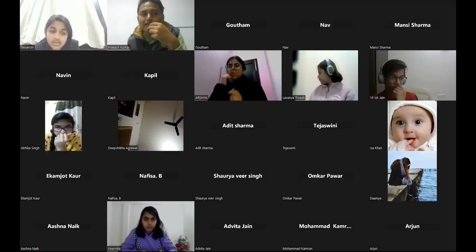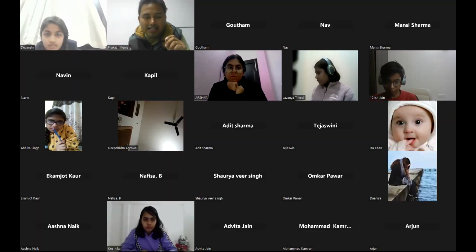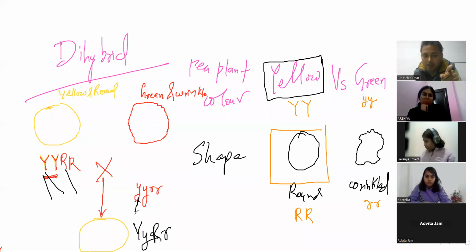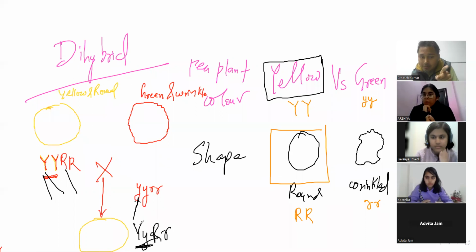Now one thing you have noticed: why am I writing like that? Why am I taking only one Y from here and a small y from here? So that it gets yellow color. Here it is capital Y, small y, and the dominant one is Y. In capital Y, small y, as the dominant character is there, it will look yellow. And here capital R, small r, round is dominant, so this will appear.